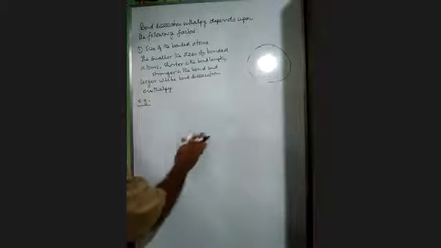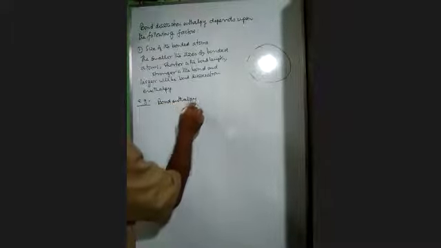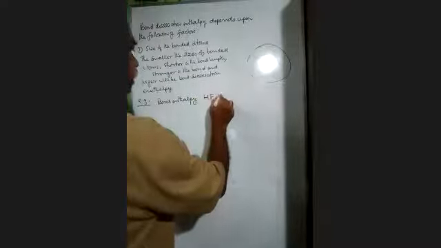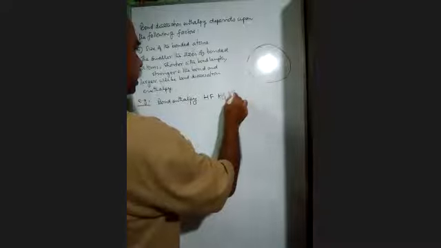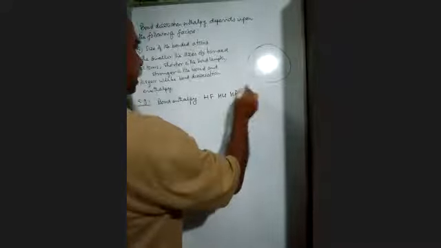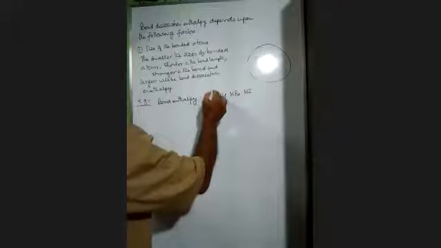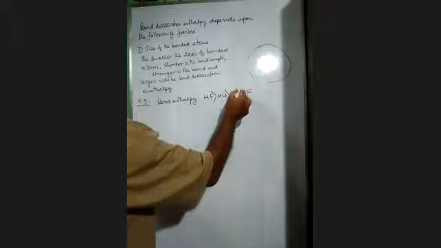So if I write here bond enthalpy, I have taken hydrogen fluoride, hydrogen chloride, hydrogen bromide, and hydrogen iodide. HF has the shortest bond, HI has the longest bond. So in that case, the bond dissociation enthalpy of HF will be more. So we have to write like this.